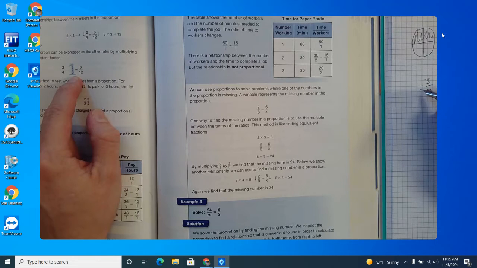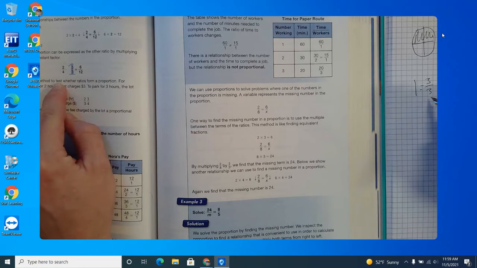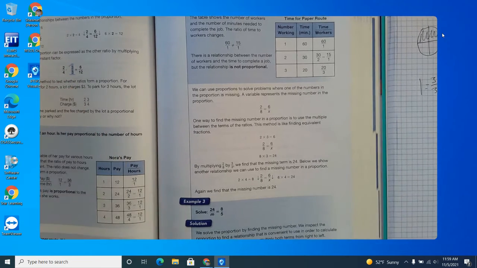I can multiply 2/4 by 3/3 because my identity property says I can multiply a number by 1 and it does not change the number. That's still 1. 6/12 is not a different number than 2/4. It looks different, but it is not actually a different number.